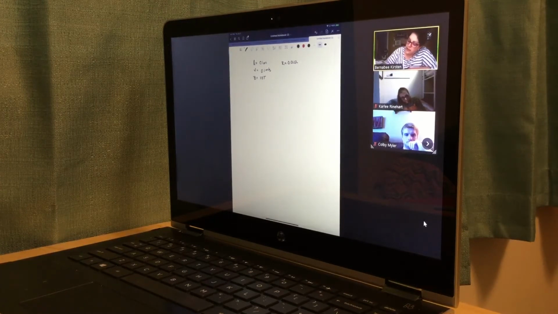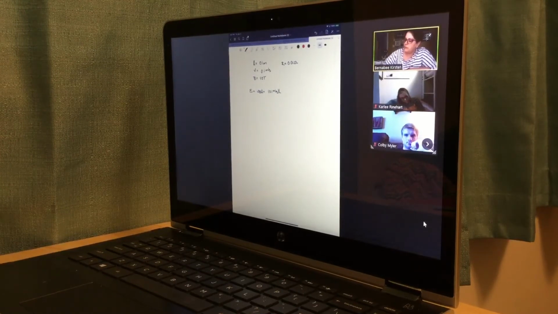All right, so the EMF, and I'm going to use this kind of script E for EMF, is equal to vBL, so 0.1 meter per second, 1 Tesla, and it's 0.1 meter long, is going to give me a voltage of 0.01 volts.